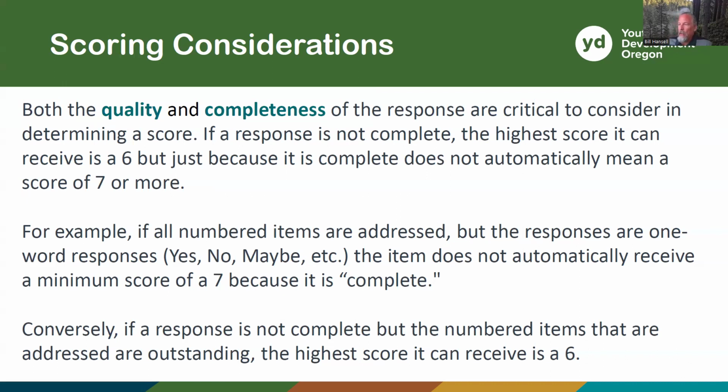For example, if all numbered items are addressed, but the responses are one-word responses, such as yes, no, maybe, etc., the item does not automatically receive a minimum score of a 7 because it is complete. Conversely, if a response is not complete, but the numbered items that are addressed are outstanding, the highest score it can receive is a 6. Next slide.